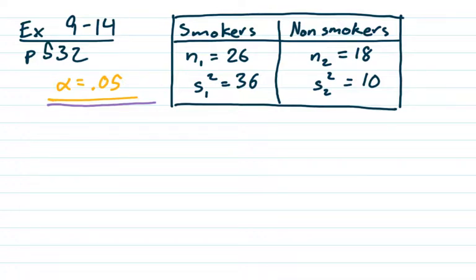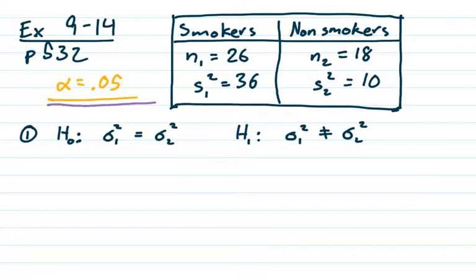Now, let's go through the test. So we've got all of this information. We've got the sample sizes. We have the sample variances for each of these samples that we took. So let's go through the test. Step one is always the same. We always state the hypotheses. We'll set it up to write down H subscript 0 and H subscript 1.